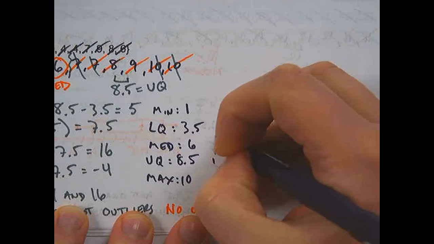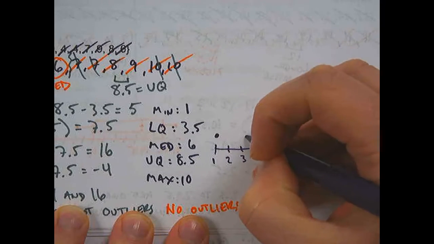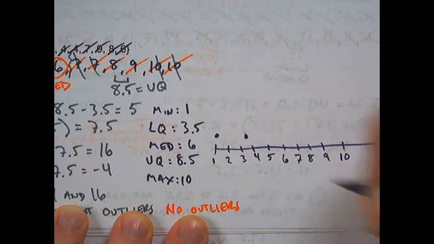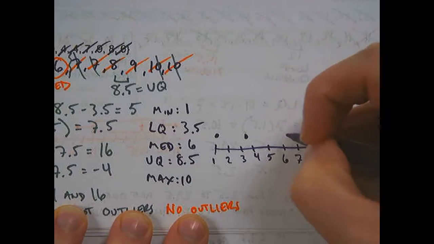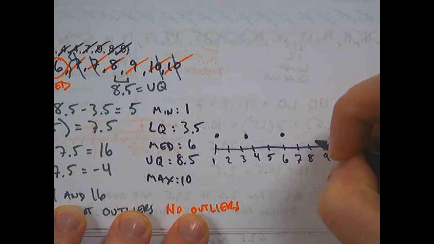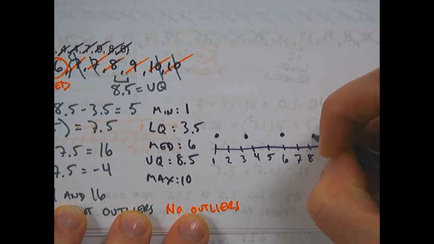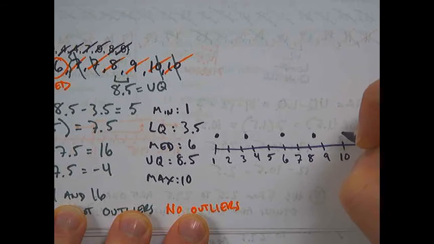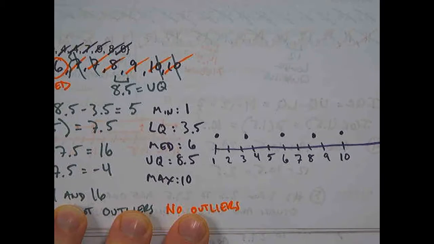So our minimum at 1, our lower quartile at 3.5, just between 3 and 4, the median at 6, the upper quartile at 8.5, between 8 and 9, and the maximum at 10. Do your best to space these evenly, but it's not the end of the world if they're not evenly spaced, if you're just drawing your own like this.